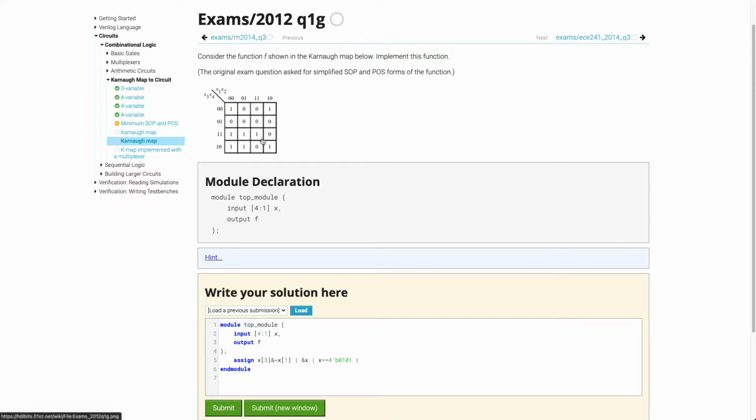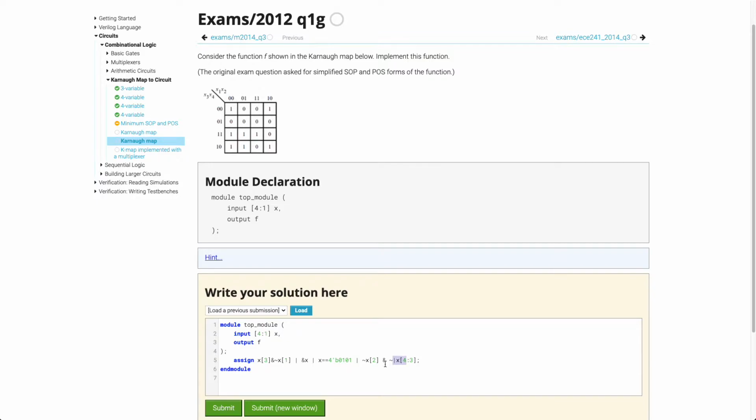So we've got this, we've got this, we've got this. So we need these two, which is going to be if x2 is 0 and if 3 and 4 are 0. If they're both 0, this would be a 1.